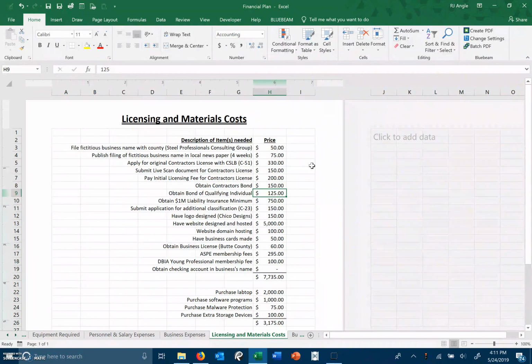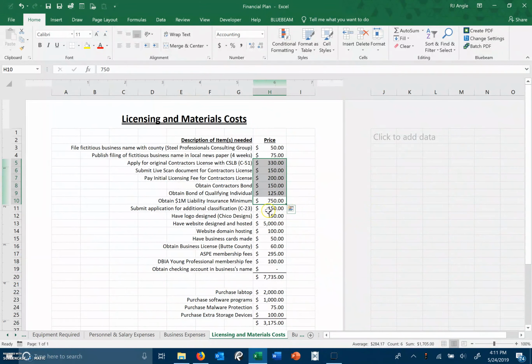So you can see just between that and obtaining the limited liability insurance, which is a $1 million policy minimum, these are all the expenses that I have incurred just to attempt to receive my contractor's license, totaling $1,705.